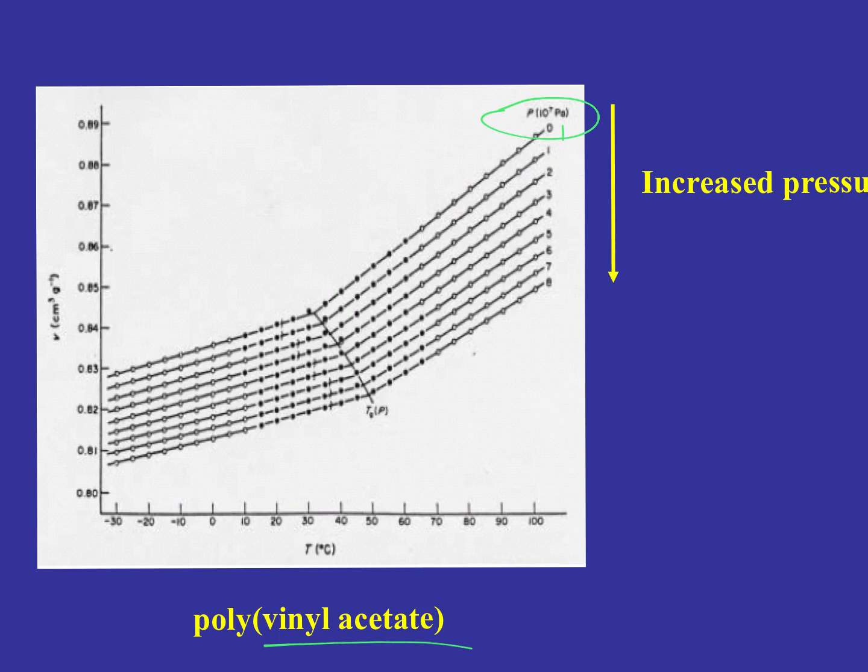As we increase the pressure from 0 up to 8 times 10 to the 7th pascals, you see the glass transition go from a little more than 30 to a little more than 50 for this given polymer system. So relatively large changes in pressure bear down on the free volume and squeeze it in a little bit, and it takes more energy to cause this thing to transform from one glassy state of matter to the higher volume glassy state of matter.